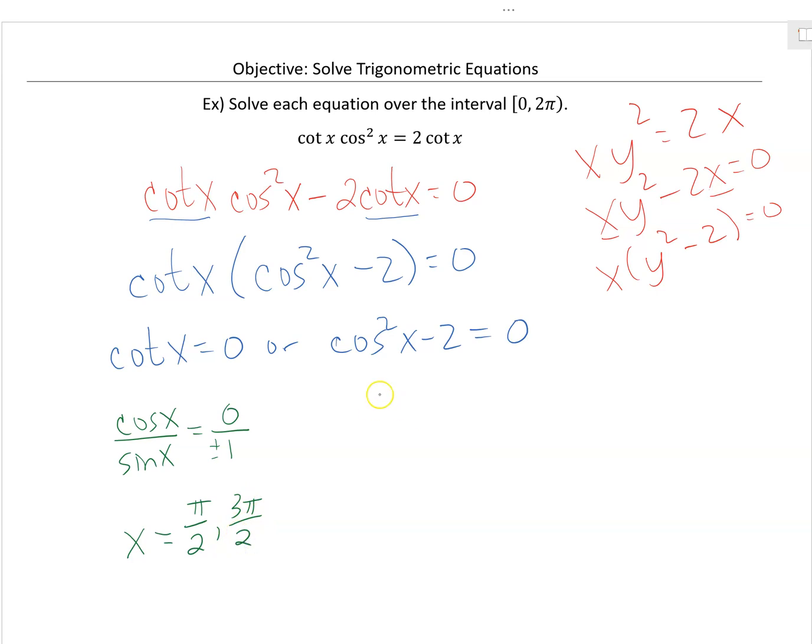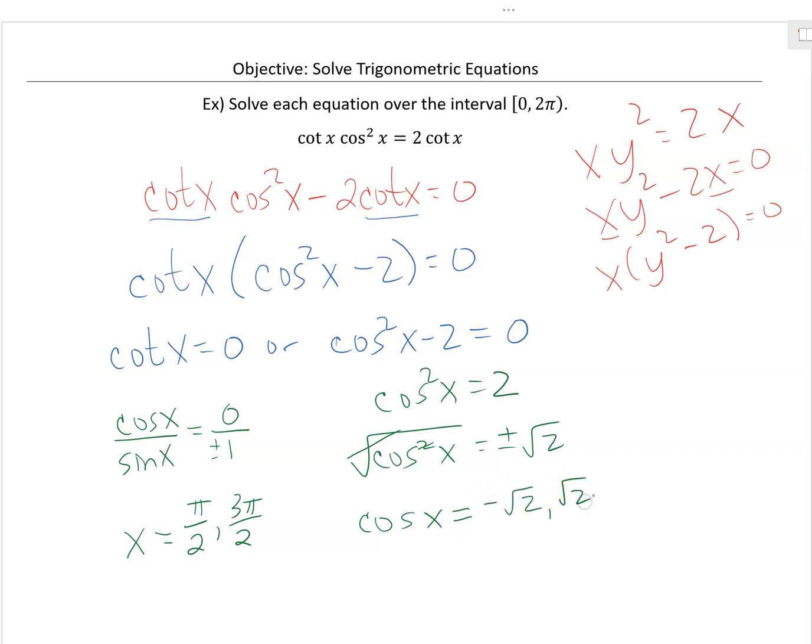For this one, we would add 2 to both sides, giving us cosine squared x equals 2, and then undoing our power of 2, we would take the square root of both sides. And so now we need to know, well, what angle would have a cosine value of either positive square root of 2 or negative square root of 2. All right, here's again where number sense is helpful, since these would all be no calculator problems.